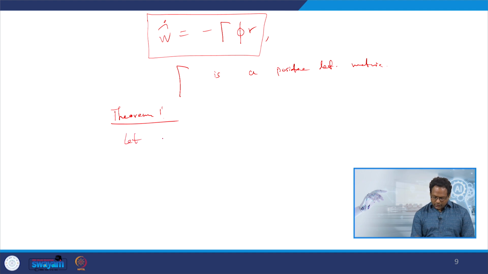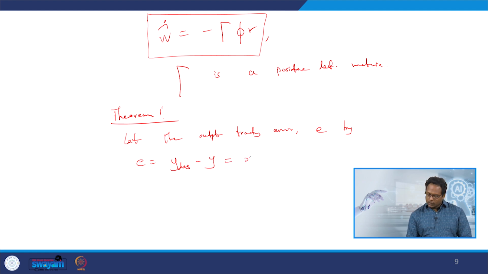The theorem 1 states as, let the output tracking error E be given as E equal to y desired minus y, which is equal to x1d minus x1, where y desired equal to x1d, which is the desired output of the system.